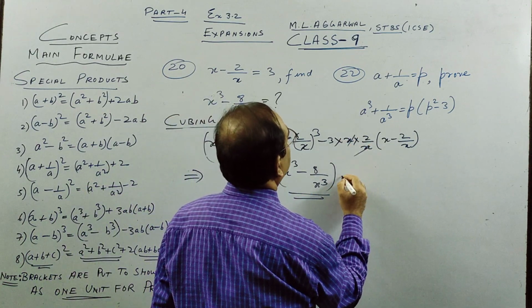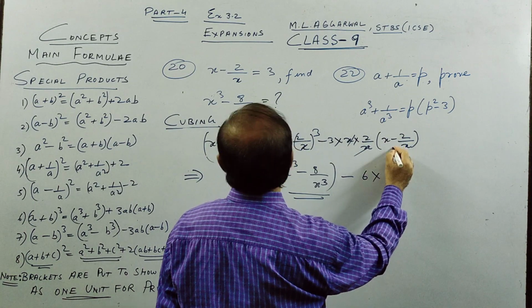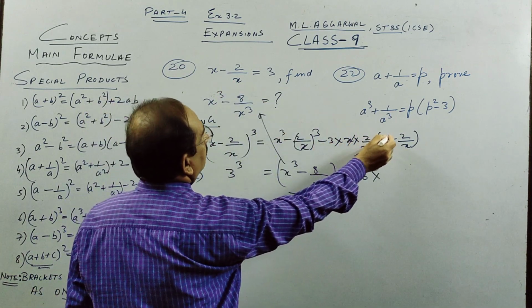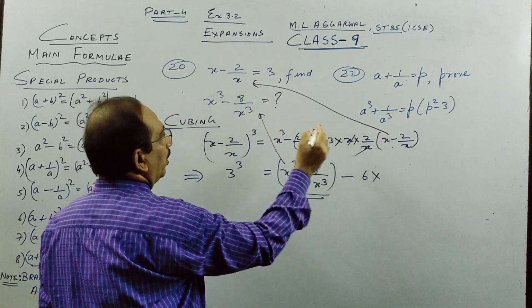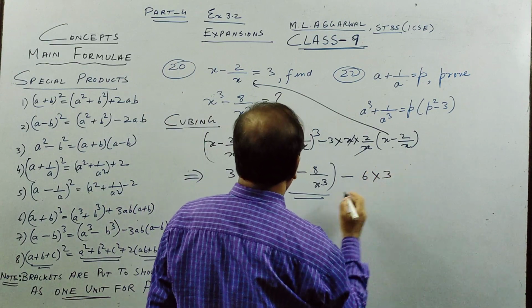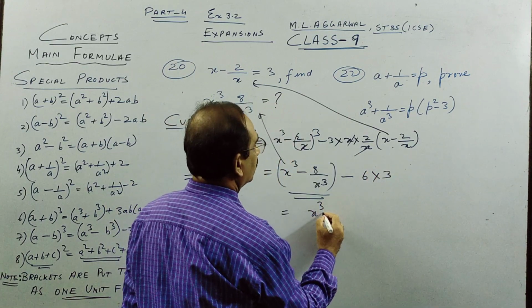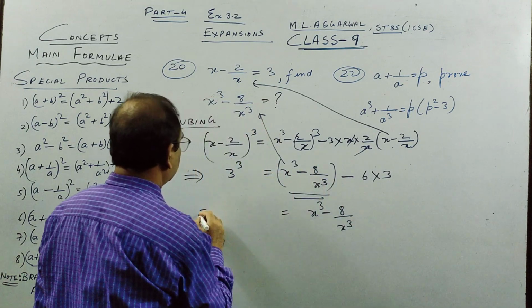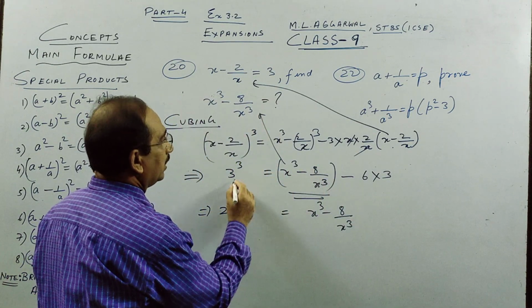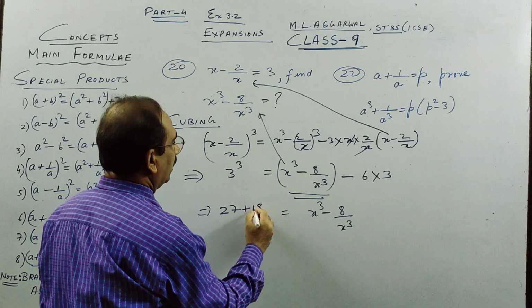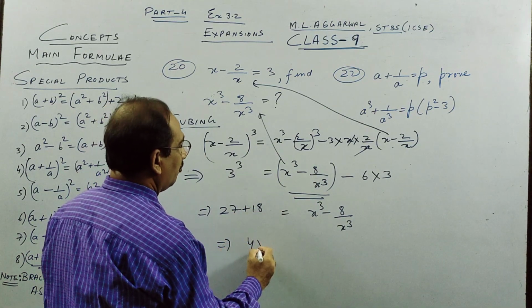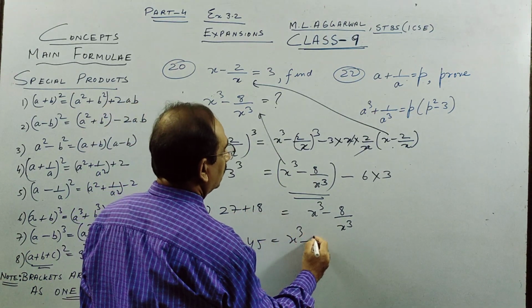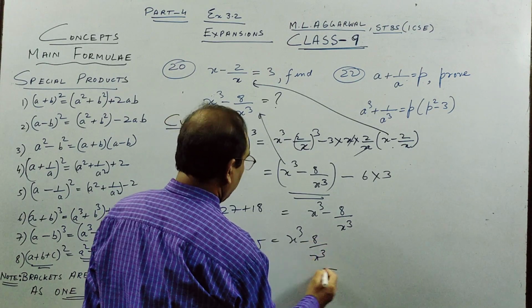You get 6 into, and this is x minus 2 by x, which is 3. So finally we have x cube minus 8 by x cube. This comes here, 27 plus 18 is 45. So this is my answer.